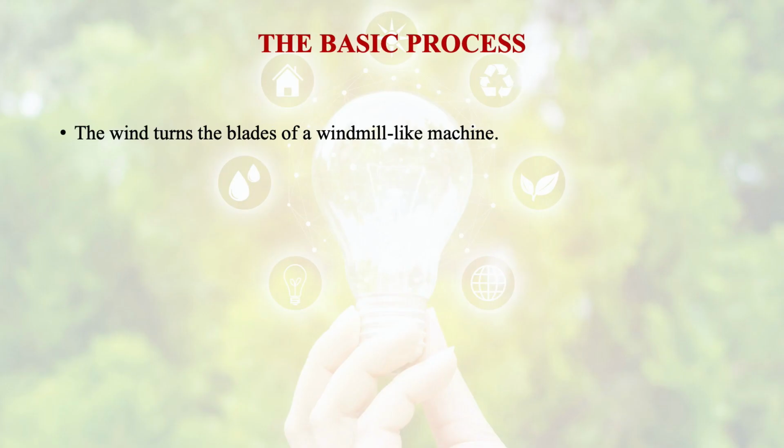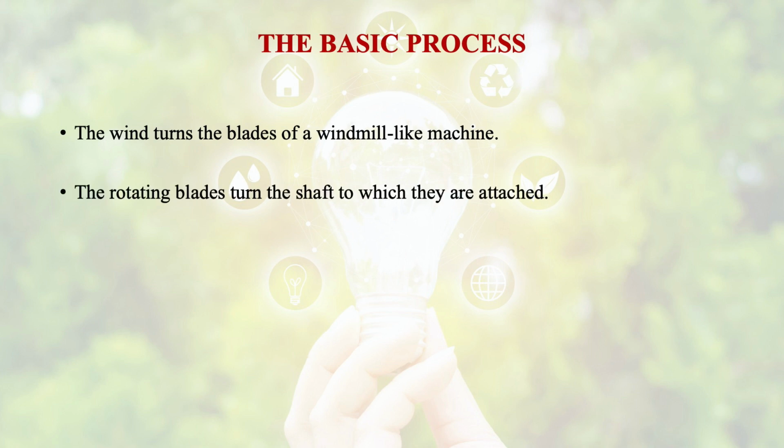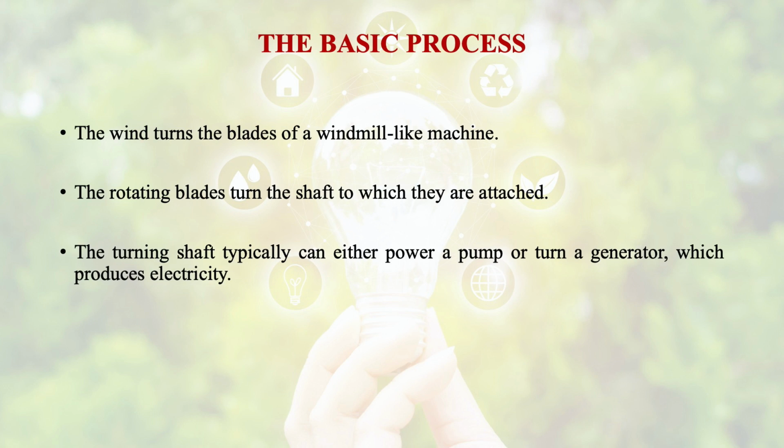Now, if we talk about the basic process, the wind turns the blades of a windmill like machine. The rotating blade turns the shaft to which they are attached, and the turning shaft typically can either power a pump or turn a generator which produces electricity.